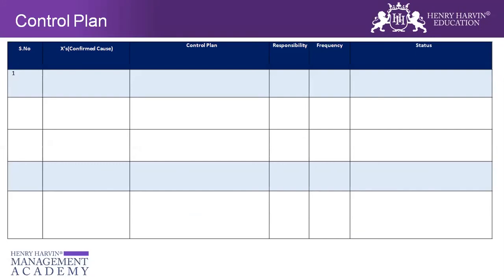This plan is basis the solutions that I've implemented in my project, which is results. And I need to ensure whatever solutions are currently being deployed are adhered to on a regular basis to ensure that the project I have done is sustained. So there are 2 ways how I'm controlling the situation.